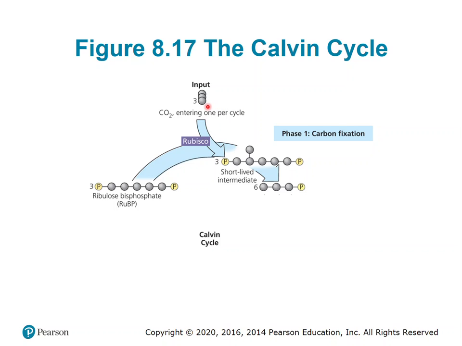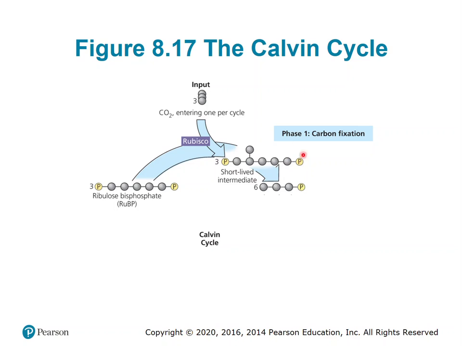The CO2 forms a 6-carbon molecule by combining with a 5-carbon sugar, ribulose bisphosphate, RuBP, which joins with the carbon of the carbon dioxide using the enzyme rubisco. It's thought that rubisco is one of the most plentiful proteins on planet Earth.